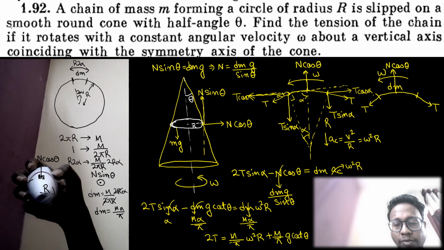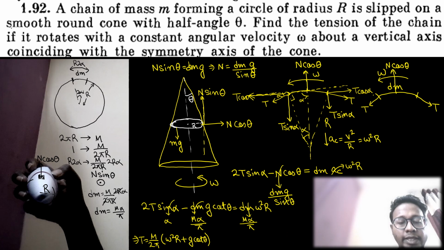Can I take m by 2 pi common out here? If I take m by 2 pi common, T is equal to m by 2 pi, omega square r plus g cot theta. This is our answer, the tension of the ring, the tension that is keeping the ring from expanding.